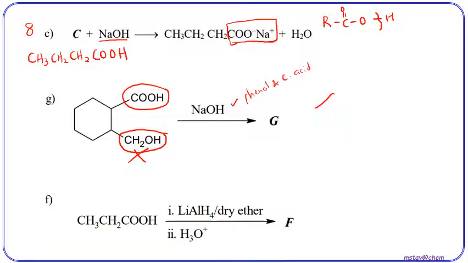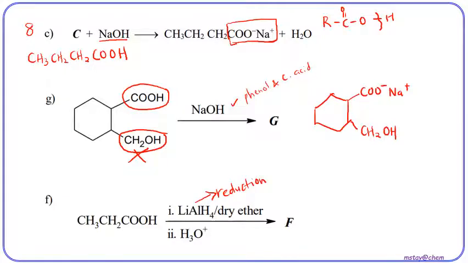So we draw back the cyclic part. The COOH will become COO negative and Na plus, while for the alcohol part, CH2OH, we maintain the same because there is no reaction between alcohol and NaOH.